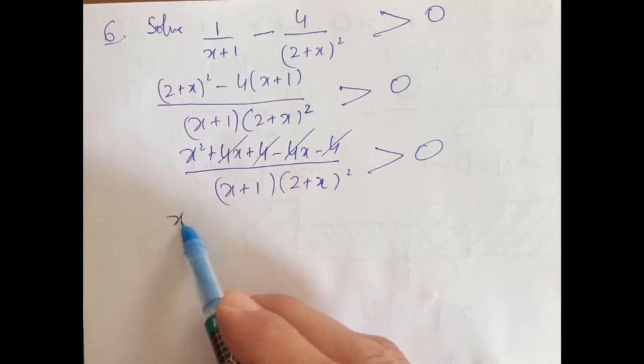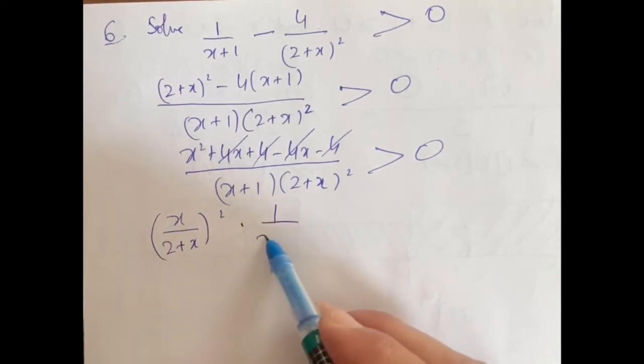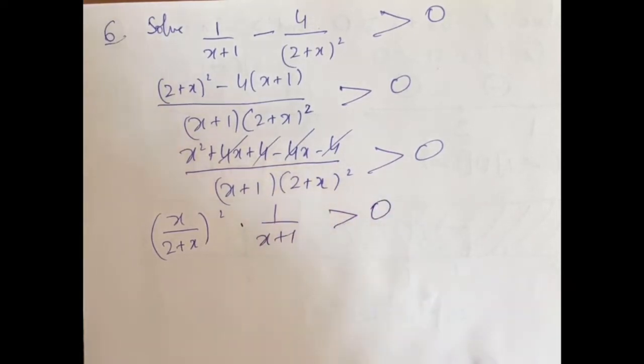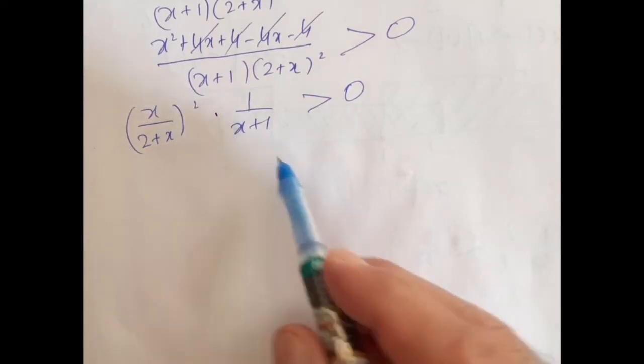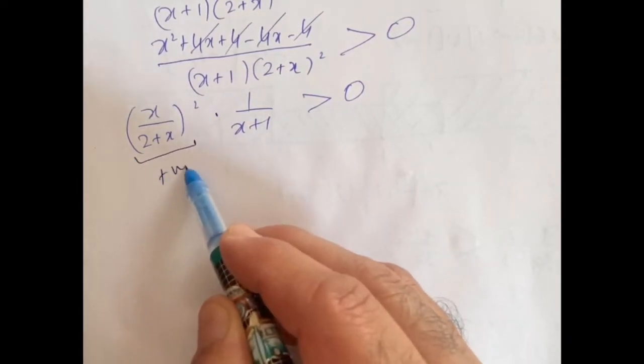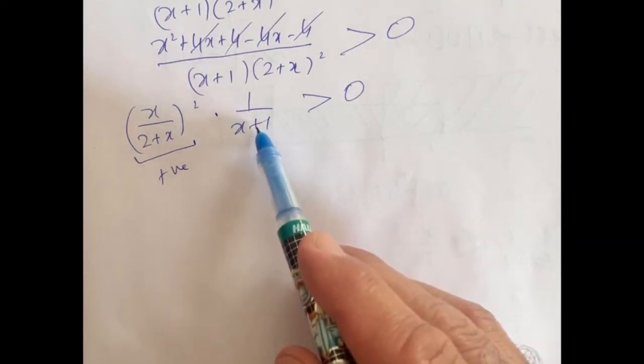This can be written as x upon (2 plus x) whole square into 1 upon x plus 1 greater than 0. Now the first expression, x upon (2 plus x) whole square, is always positive. Being a square, it's always positive. So what is the sign of the second expression?